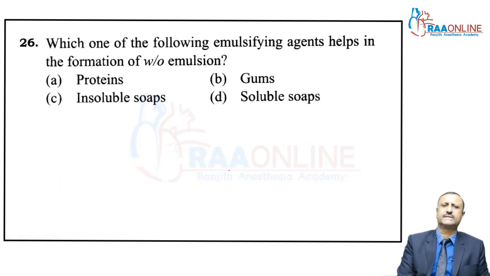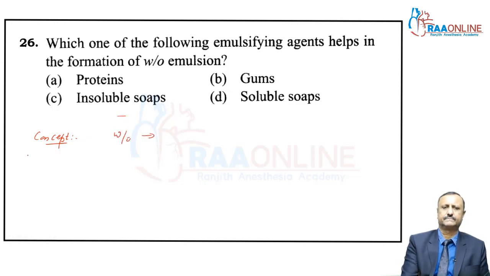Now, my dear students, we see question number 26. Which one of the following emulsifying agents helps in the formation of an emulsion? My dear students, two types of emulsions are present. Concept and theory: types of emulsions.